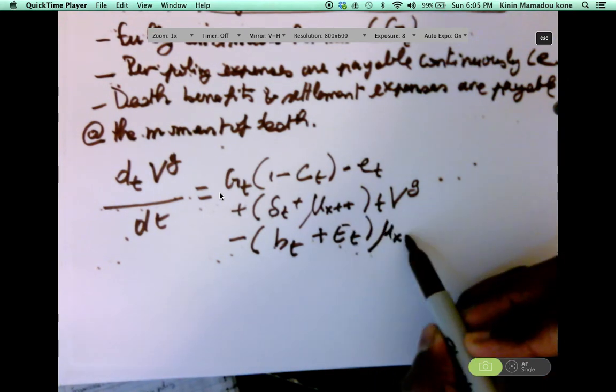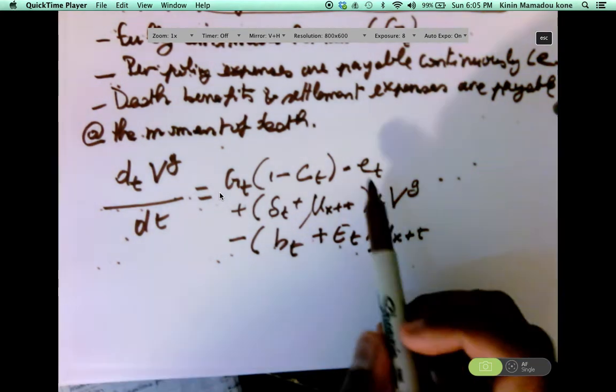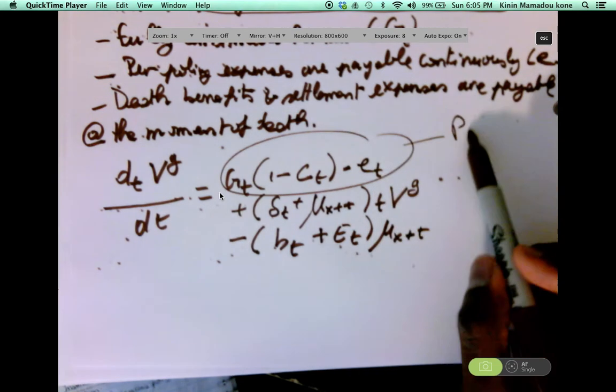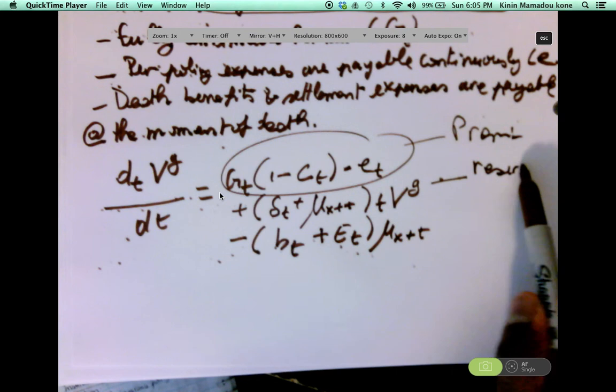So this is like a premium, this is like a reserve, and this is like a debt.